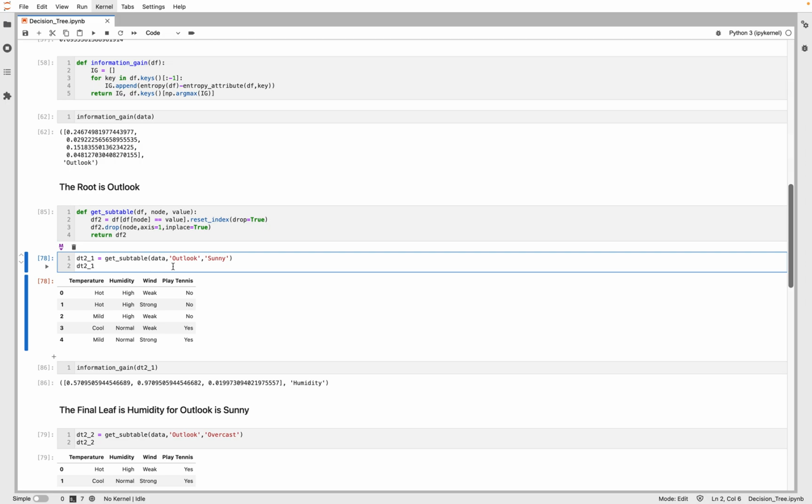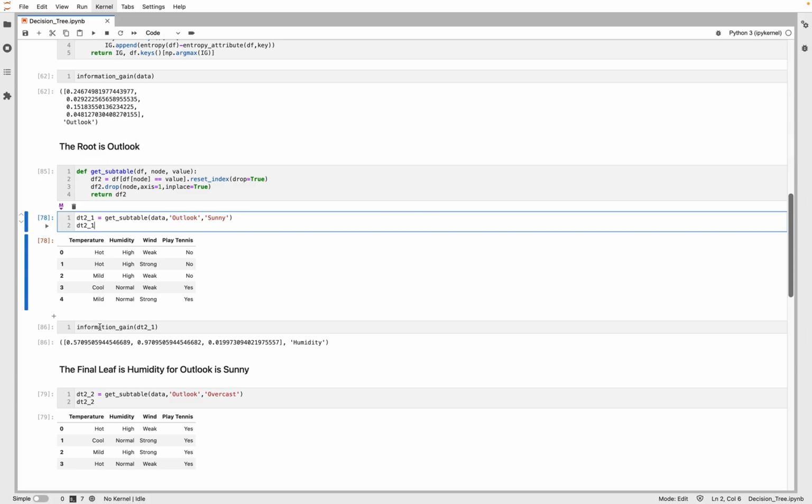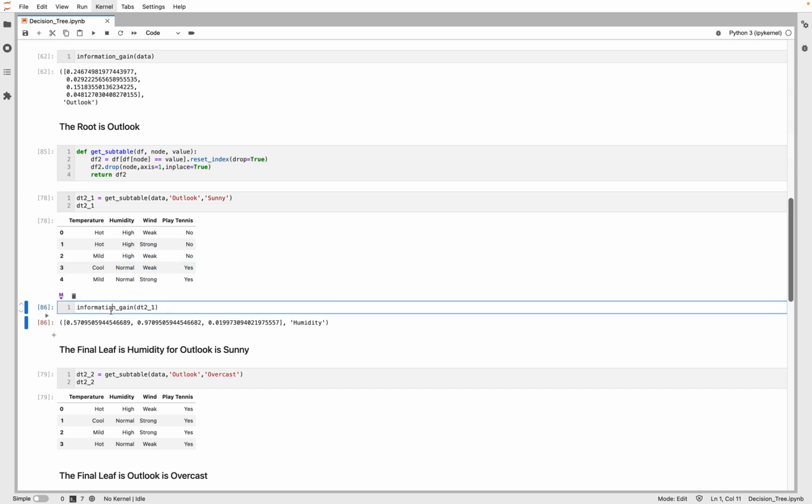For the case of outlook sunny, this is the subtable. And if we compute information gain for this subtable, there are 3 features: temperature, humidity, and wind. And we can see that humidity has the highest information gain.